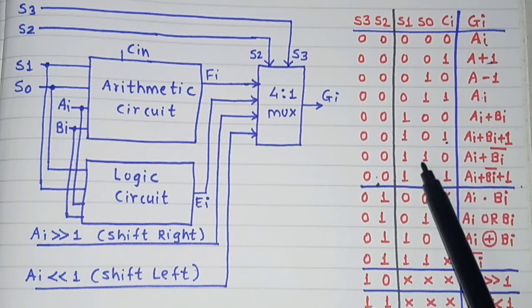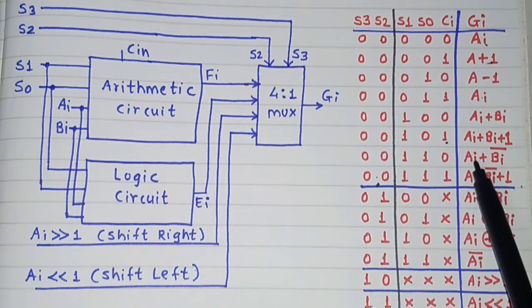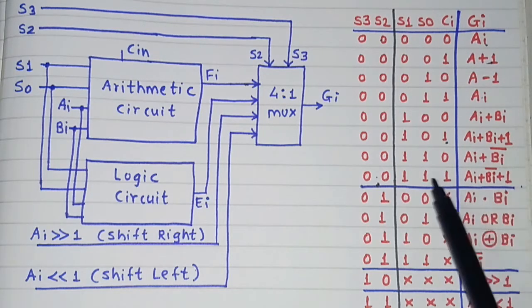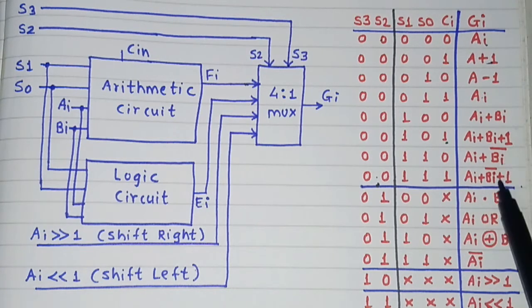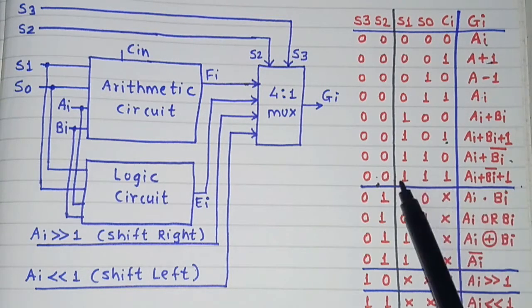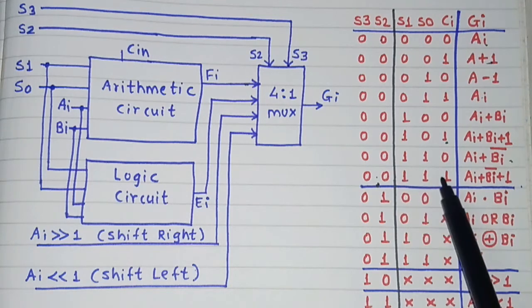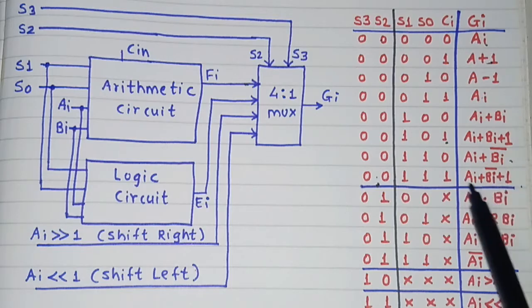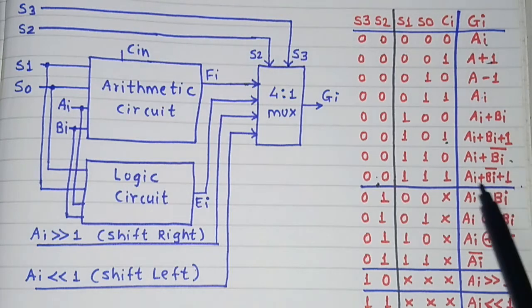Then 1 1 0, subtract with borrow operation is performed here, because if you compare this operation with this one, here +1 is discarded. That means the subtract with borrow operation is performed here. Then in the final arithmetic operation 1 1 1, that means AI plus BI bar plus 1, the actual subtraction is performed here.